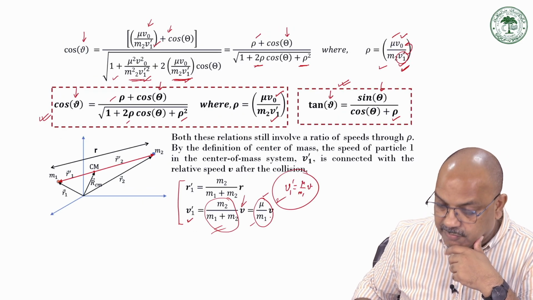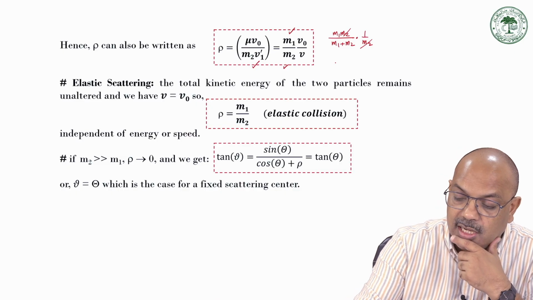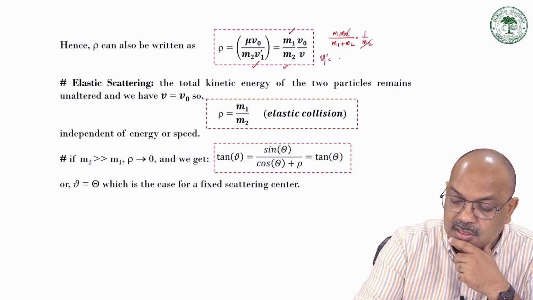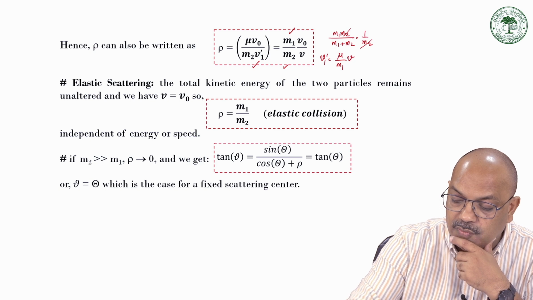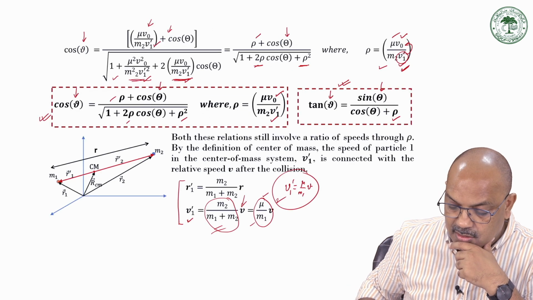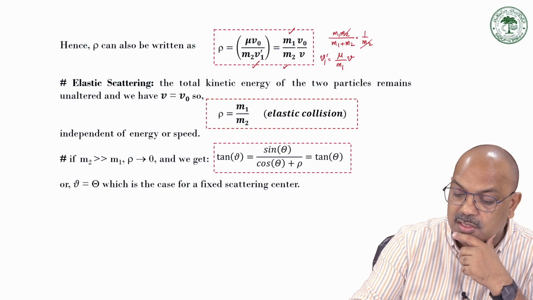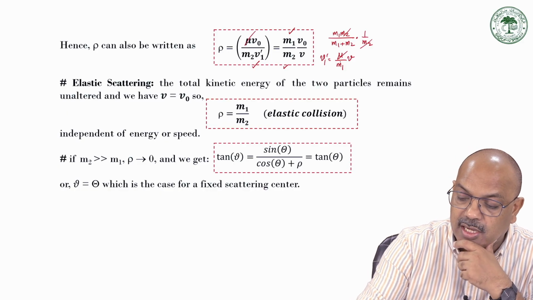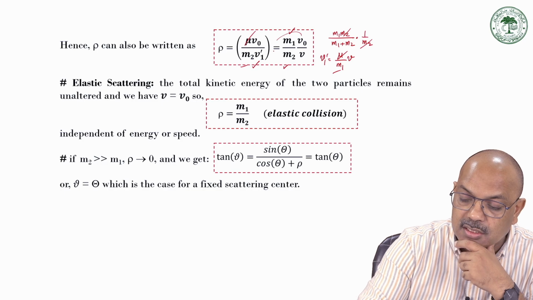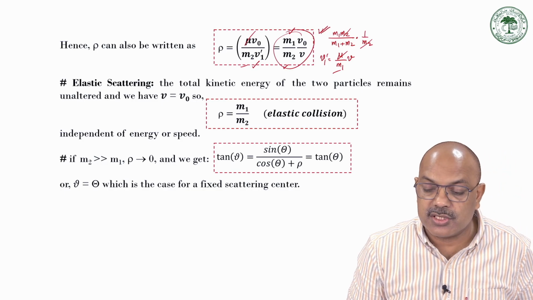V1 prime is mu m1 upon v, so the mu gets cancelled with this, and I have m1 upon m2. Okay, this is correct. Fine, there is no mistake here.